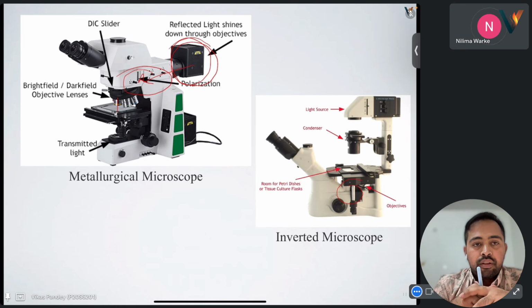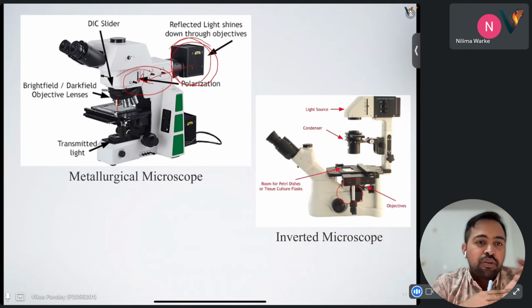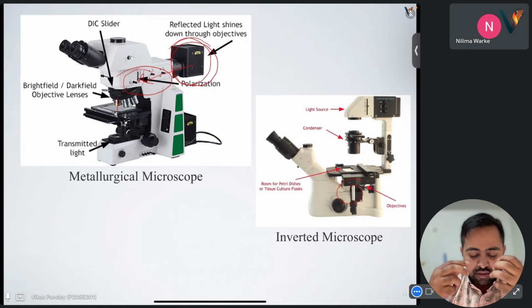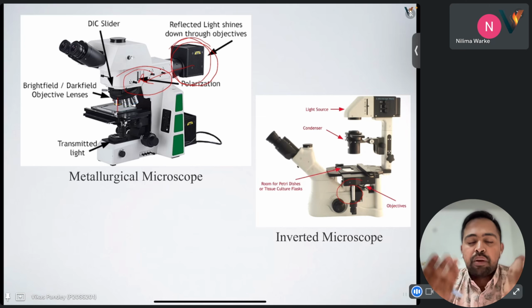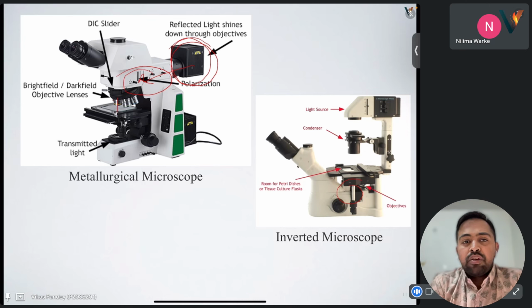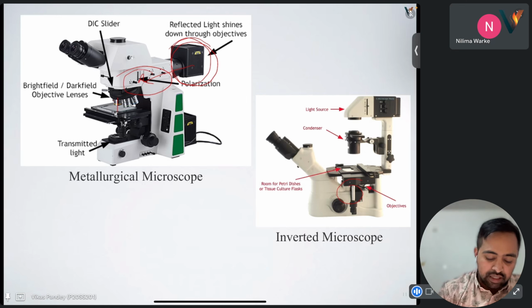It also has this great advantage that it is very good for taking digital photographs. Nowadays, microscope cameras are used even on stereo and compound microscopes, but in this case it is very easy to take pictures because the light itself is built in.